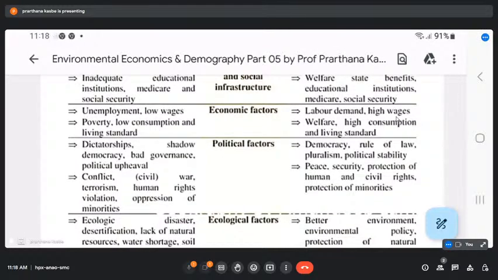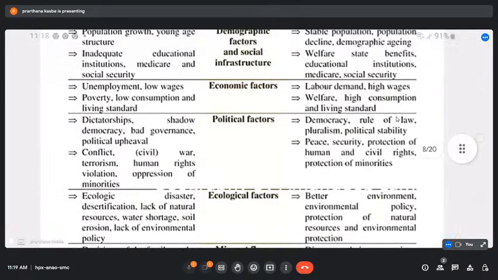And the pull factors are a democratic nation, rule of law, political stability, peace, security, protection of human and civil rights, protection of minorities. Those are the pull factors.